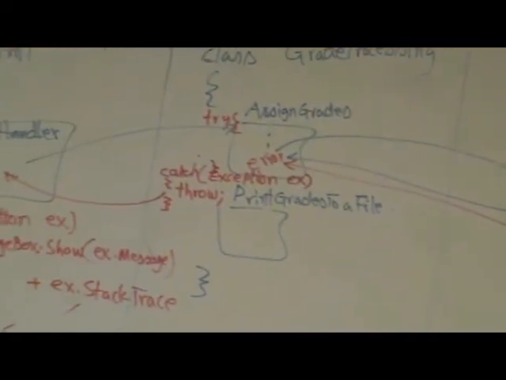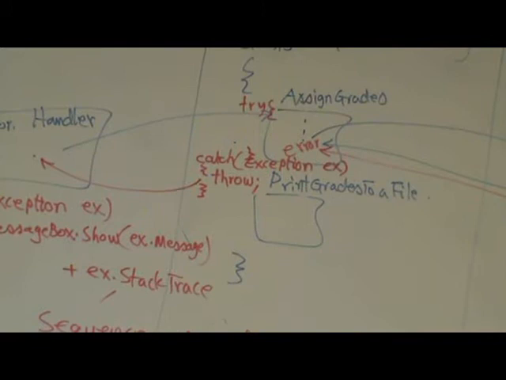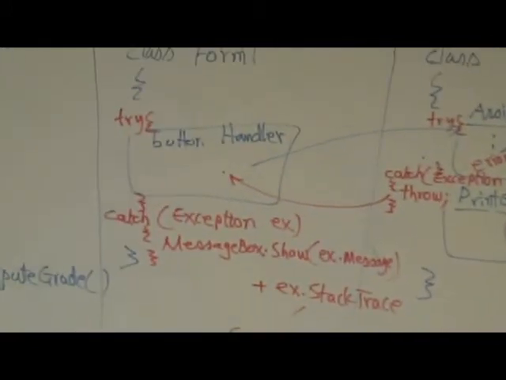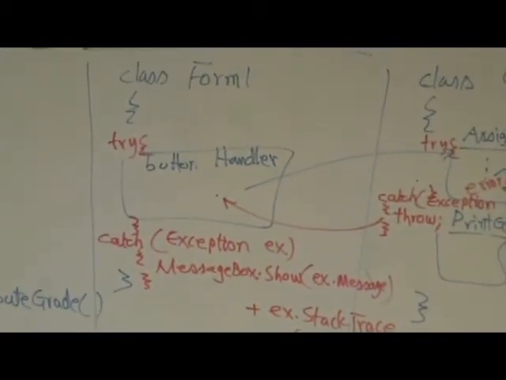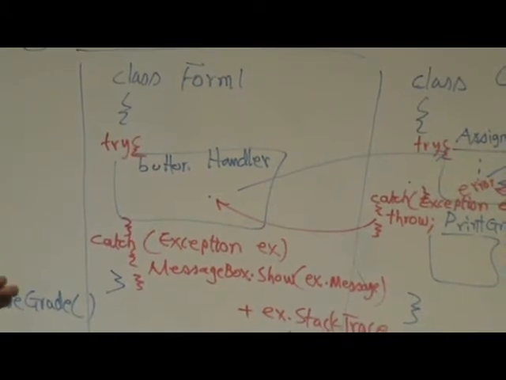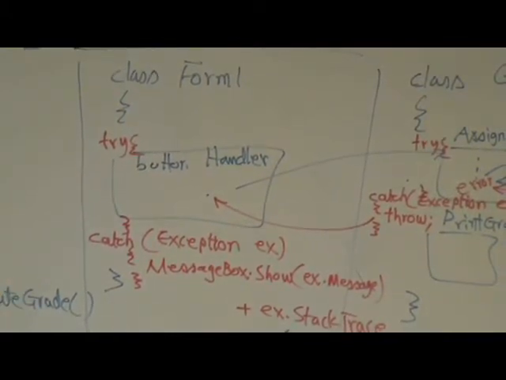Okay, now there are some errors that are natural, meaning like divide by 0. Or you try to open a file that doesn't exist, the system will create that error for us.